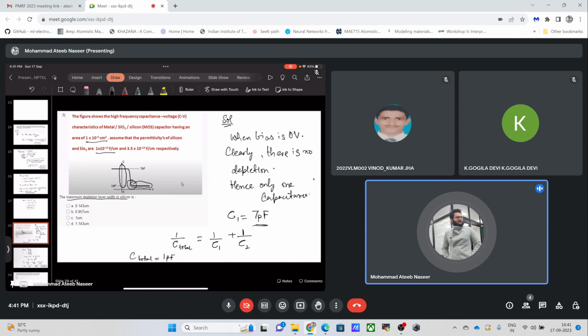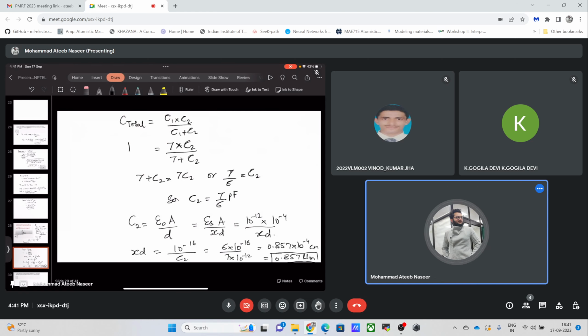So this resulted in the maximum depletion width corresponding to a particular thickness, and for this depletion width the value came out to be 0.857. We saw that in the accumulation region we had only the oxide capacitance, while in the depletion region we had the semiconductor capacitance, which was predominantly the depletion capacitance.